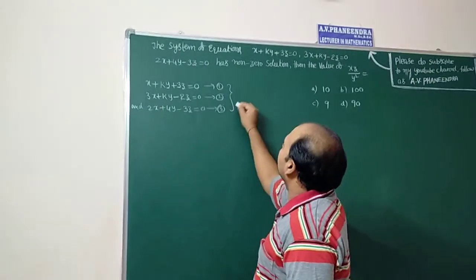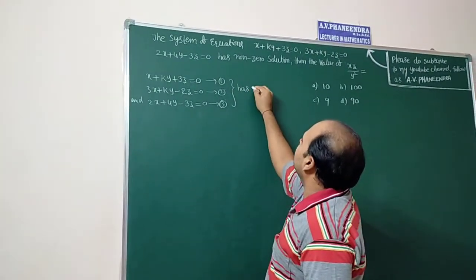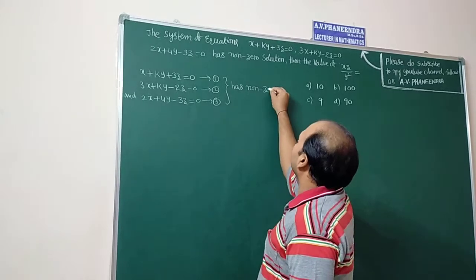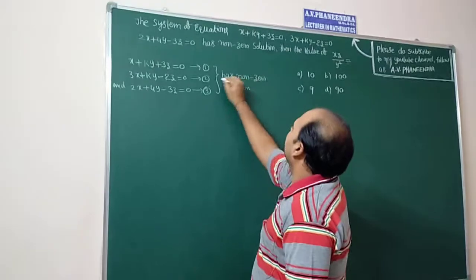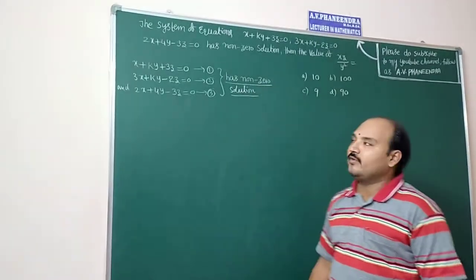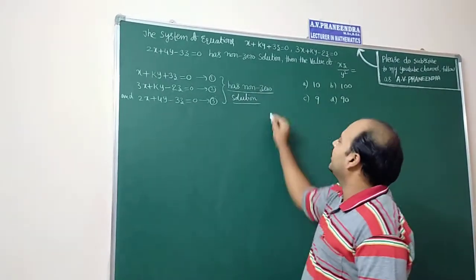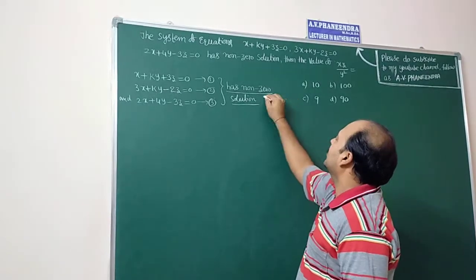These three have a non-zero solution. Whenever the system of equations has a non-zero solution, their determinant is equal to 0.